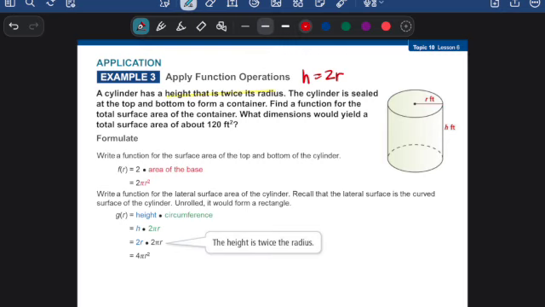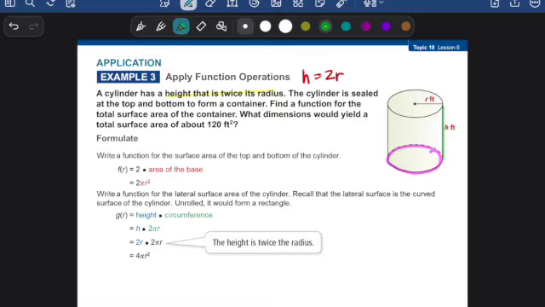Okay, then we're going to come up with our function for the lateral sides of the cylinder. And if we were to unroll the cylinder, the area around the circle, or the circumference, would be the length of that rectangle, and then we could multiply that by the height.